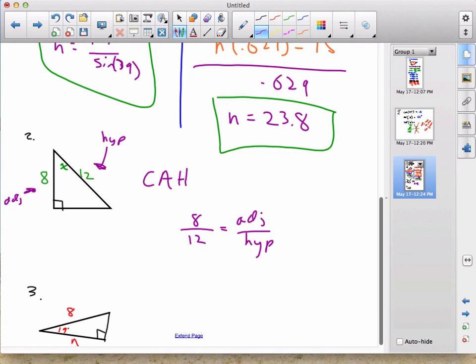And to find the angle, we use the inverse cosine. Nice. So we can just take the inverse cosine of that ratio, 8 over 12 or 0.66, which is going to give us theta. And what do we find for theta? 48.7. We agree?